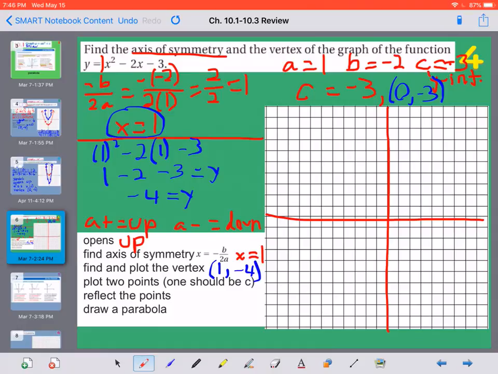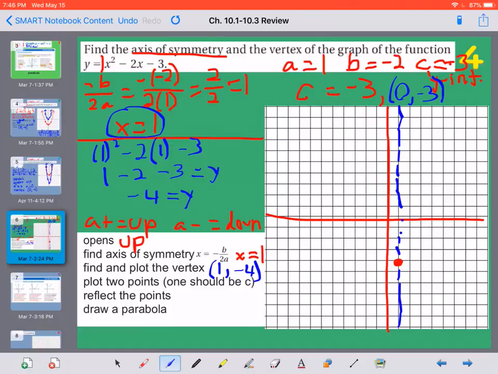My vertex is at 1, negative 4. So 1, negative 1, 2, 3, 4. I know that's also my axis of symmetry, so I'm going to draw a line for an axis of symmetry.